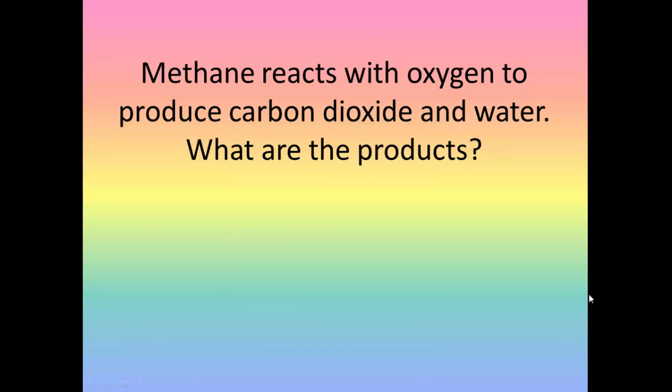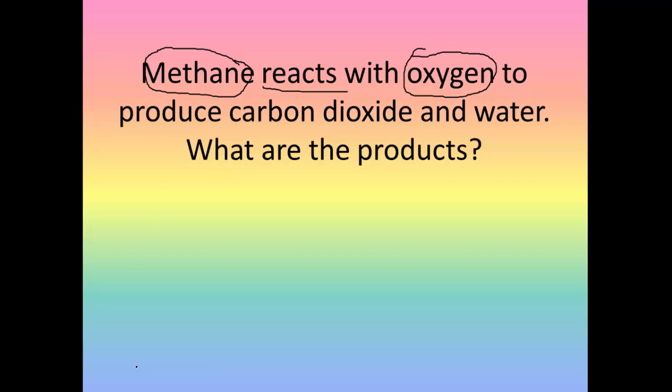So, if methane reacts with oxygen to produce carbon dioxide and water, what are the products? When you're looking at something like this, first look to see what is reacting with which. In this case, you have methane reacts with oxygen.